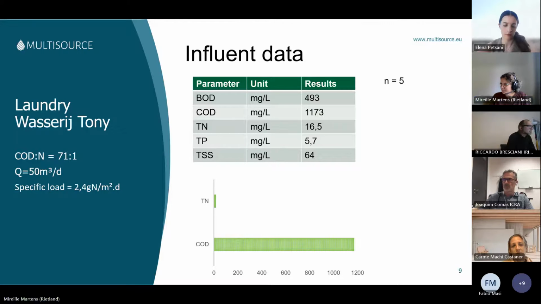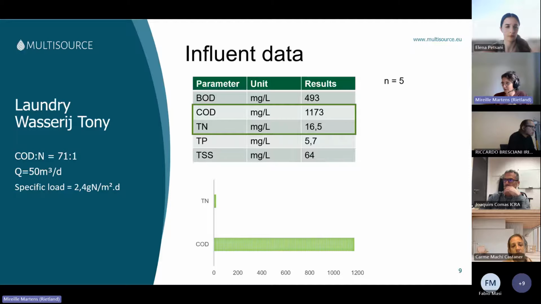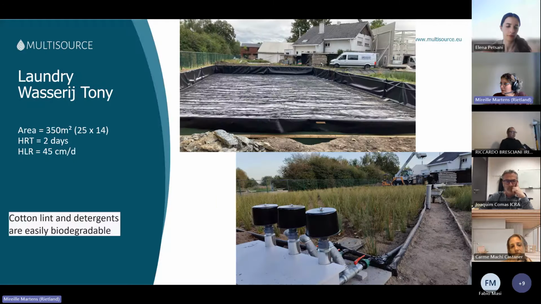So you could expect that a sufficient amount of carbon is present to denitrify. We have built a wetland over there at the laundry, and the biggest issues were the cotton lint and the detergent, but they were all biodegradable. Currently, because this has been functioning since November last year, there have been no problems at all.